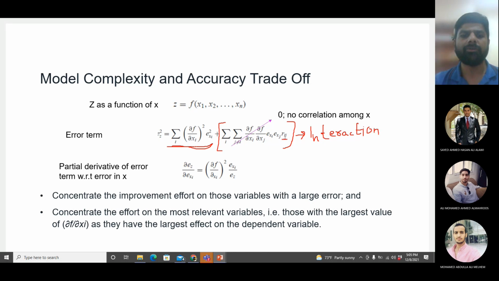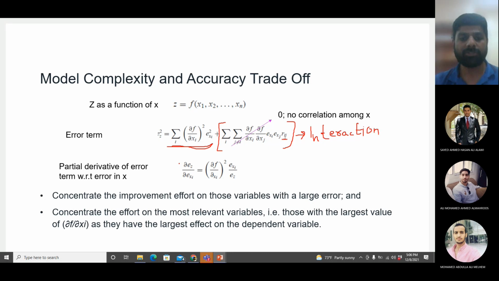And if you take the partial derivative of the error term with respect to any x value, then this is the answer. So this is for each x value: how much difference in error you can have because of the measurement error of one x value. This term is telling you how much error the x1 measurement is causing in the z value.